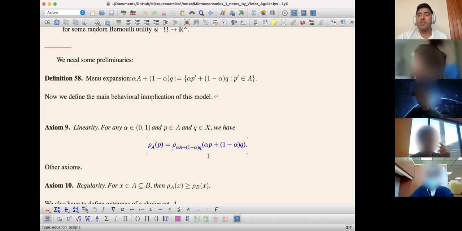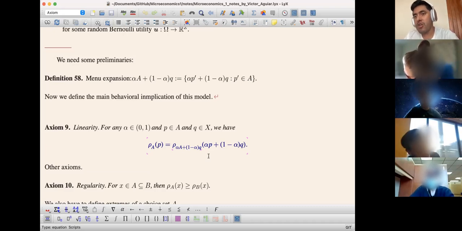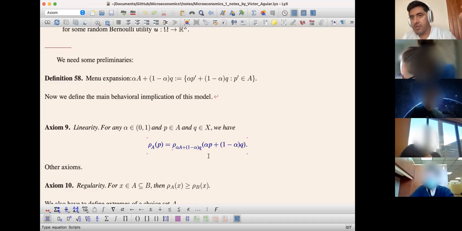Great. So essentially, this is the main axiom, but it turns out that this is not the only axiom. So we're not going to get it as easy as the case of the IIA logic, okay? It turns out that on top of independence, there are going to be more axioms required. And it's random utility, so it's definitely a little bit harder.